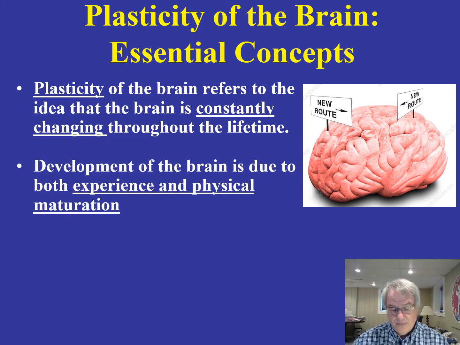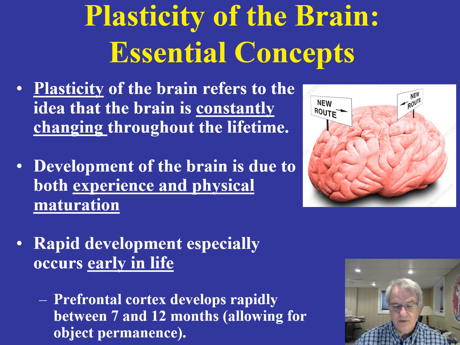So the development of the brain, we know, is due to both experience with the environment as well as physical maturation. But the rapidity of that development that occurs during early life is profound. The prefrontal cortical area is developing very rapidly between 7 and 12 months postnatally.